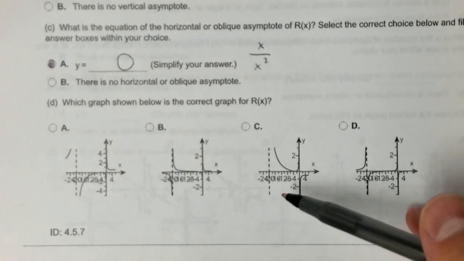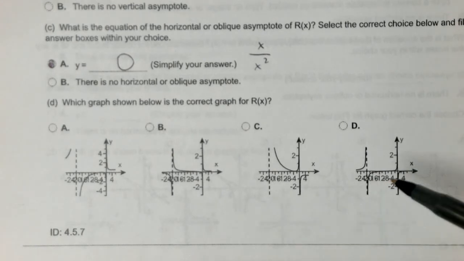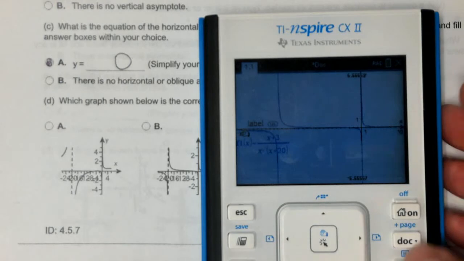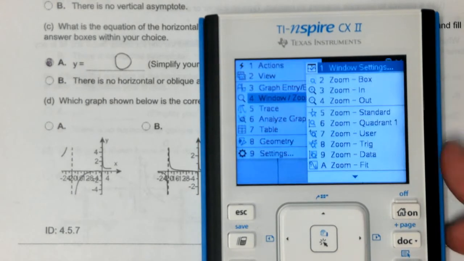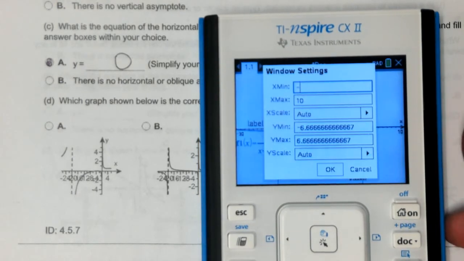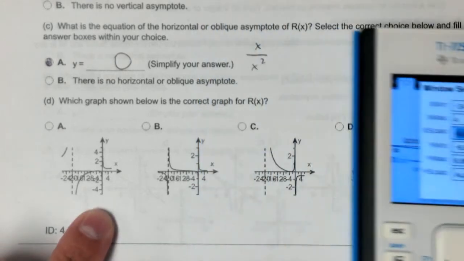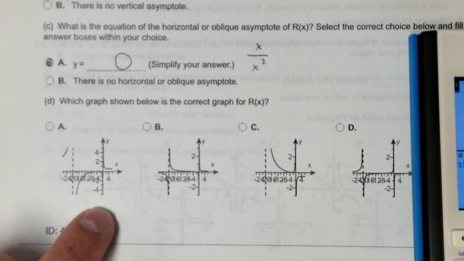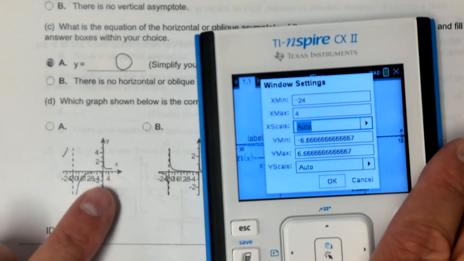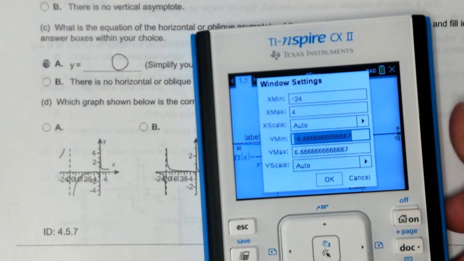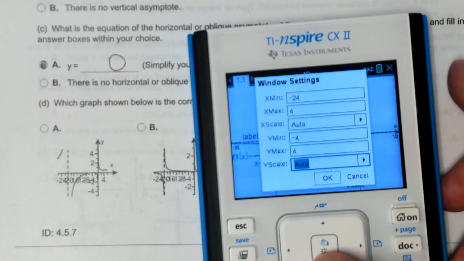It looks like all these are showing from negative 24 to 4. So if we go from negative 24 to 4, then we want these to be negative 4 to 4.